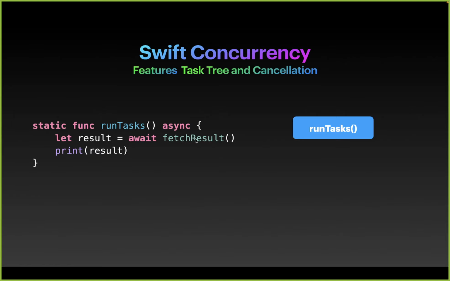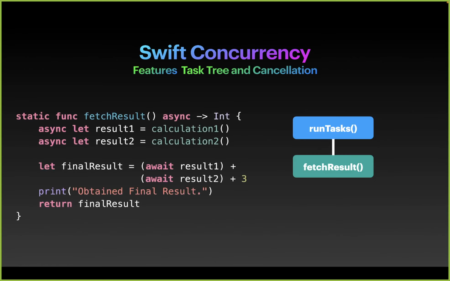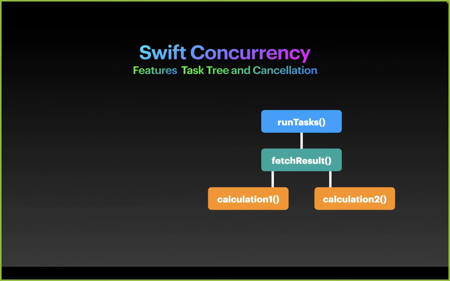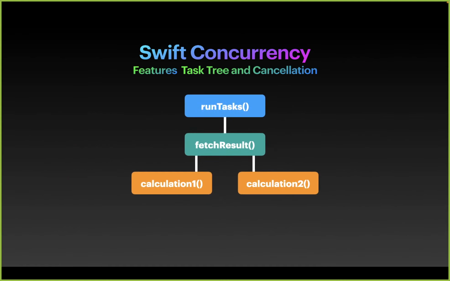The task system creates another child task named fetch result, and inside this task we create two other tasks, calculation 1 and calculation 2. They are both child tasks of the fetch result task.